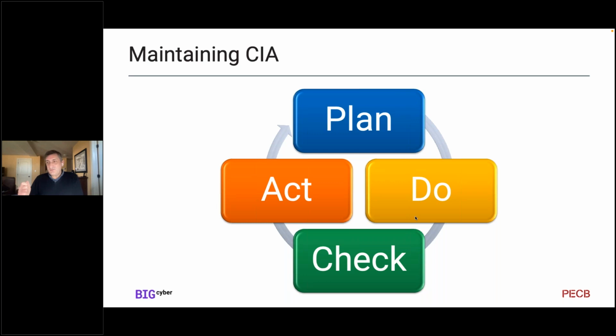In that act phase, you're going to take your check results and you're going to see what it is you need to do to either improve or expand or maybe mature your security plan and security implementation. For CIA, this is really important as well, because this whole mechanism that goes back to plan again after act can help to keep your CIA implementation fresh.